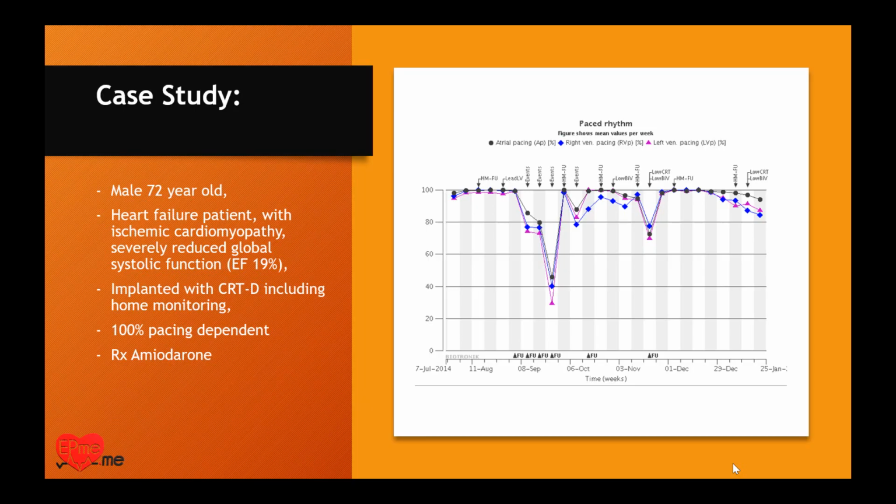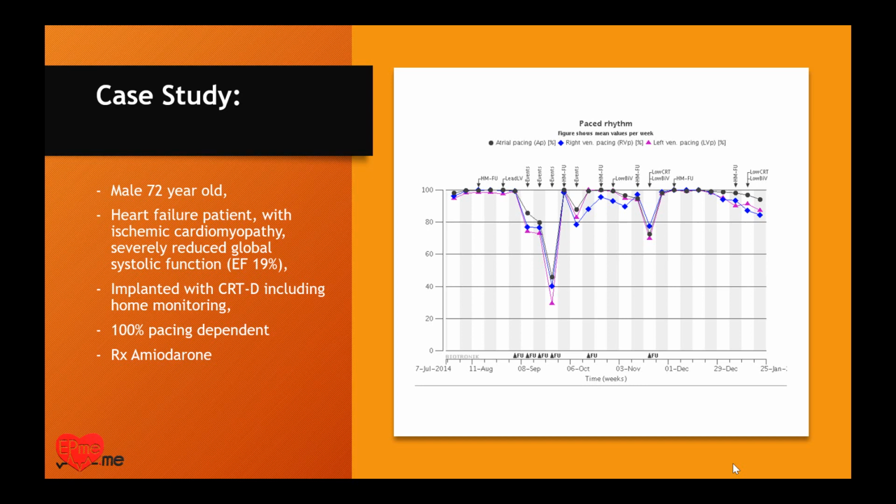Because of their heart failure, we want to take the load off the heart, and we want to resynchronize the heart through pacing of both left and right ventricles, and make these patients 100% paced, in order to improve and increase that ejection fraction that we spoke about, increase the global systolic function of the heart, and give back the synchrony to the heart. Now, this patient is a defibrillator, and this defibrillator also includes home monitoring.